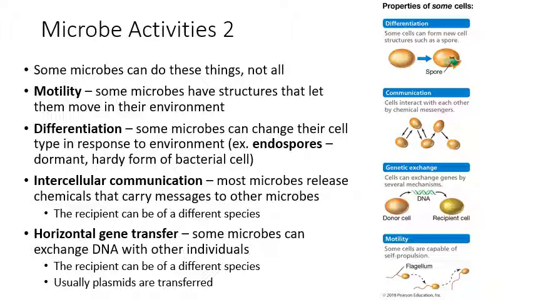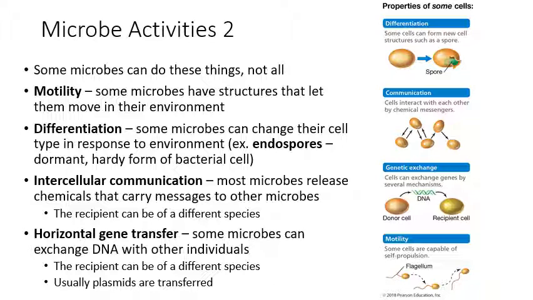Then you have differentiation, which would mean just changing the shape or the features of the cell. So some microbes have different forms that their cell can take. A lot of microbes actually do not have the capability to differentiate into a different type of cell, but some can. An example would be the endospore, which we'll also talk more about in chapter 2.